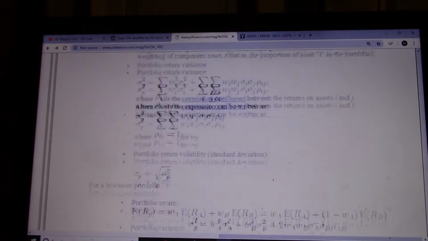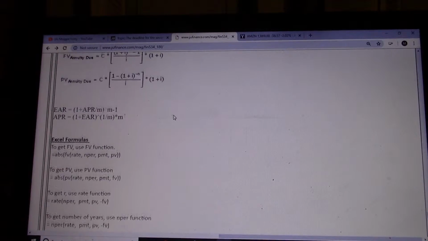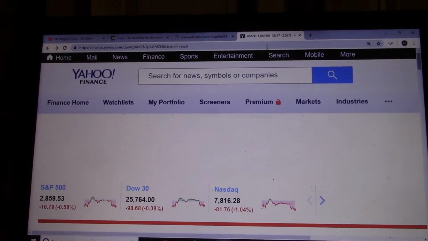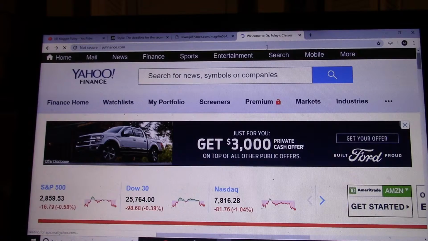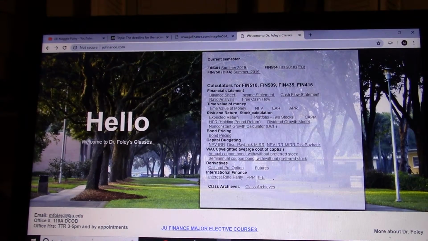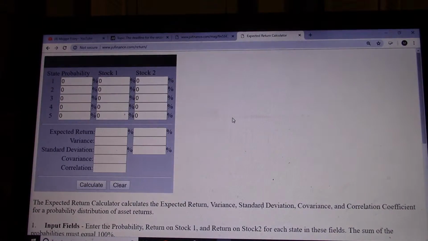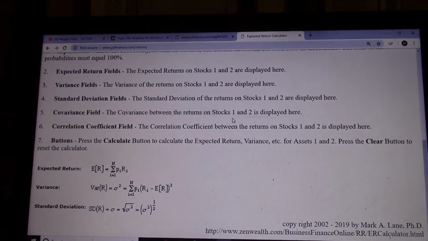Then I don't have it here, but anyhow, you go to my website gufinance.com. To calculate this one, you click on expected return. So yeah, it is here. I put the equations here.